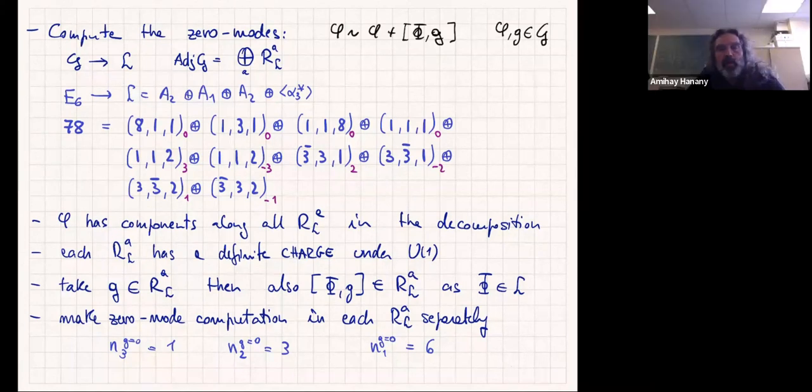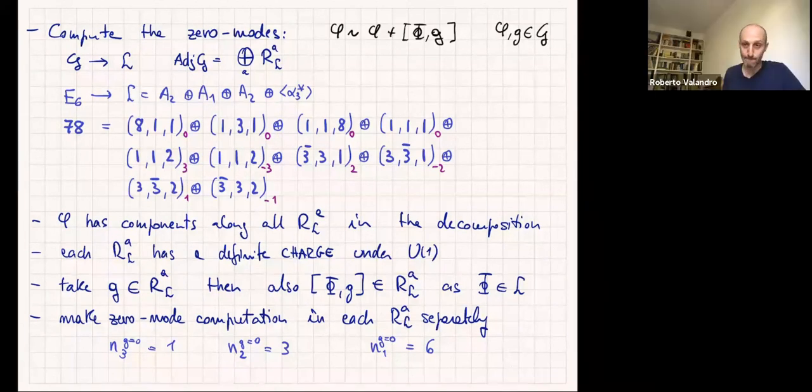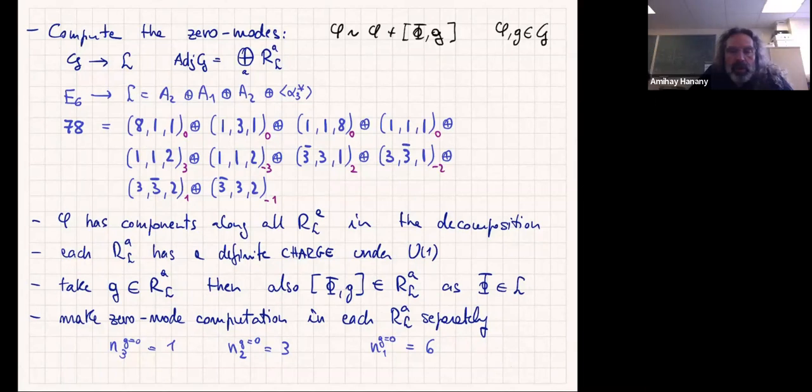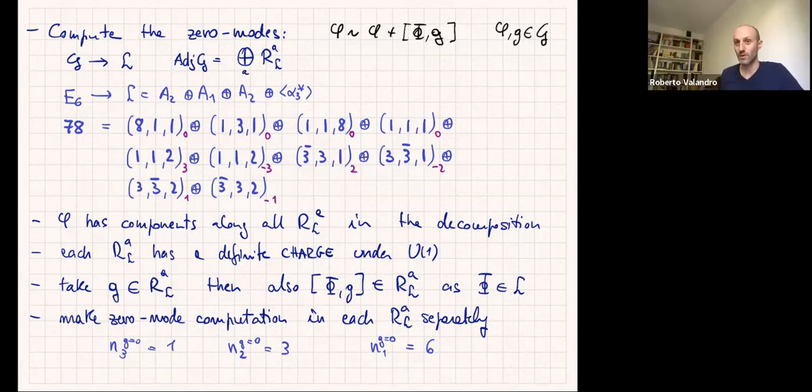Okay. Now, let's take the charge 1. You have 6 copies. So if they would couple in a Lagrangian, there would be a U6 flavor symmetry. Do you see such a thing here? No, again, what we see is that we have just one mass for all of these hypers.